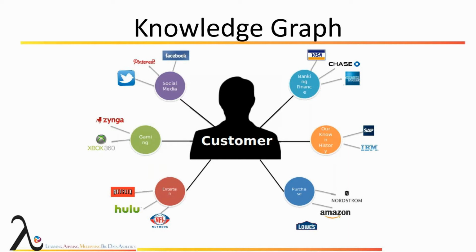And this type of knowledge graph-based representation of each customer allows to be more flexible. So you do not need to have all the information for all the customers. And it makes it more flexible and easier to represent this type of information.